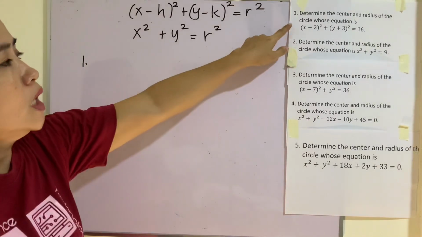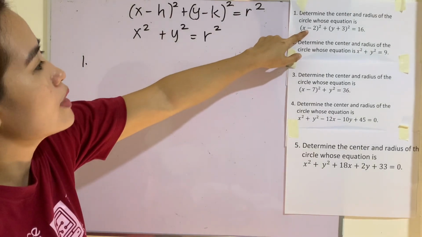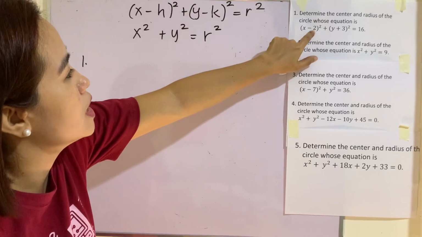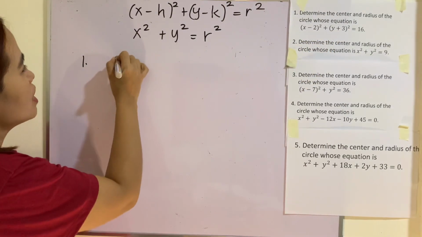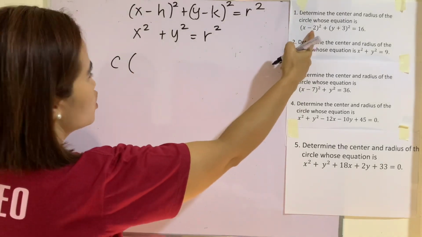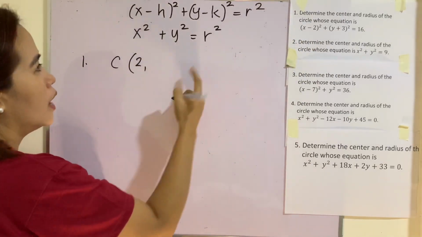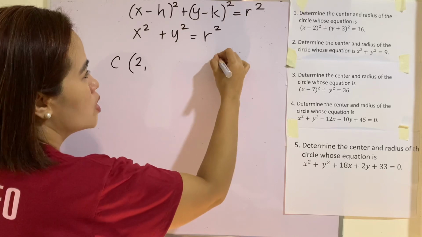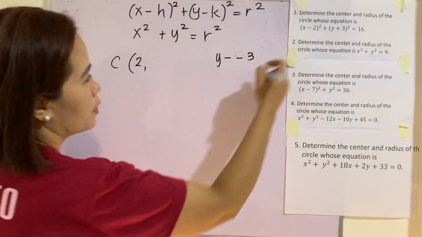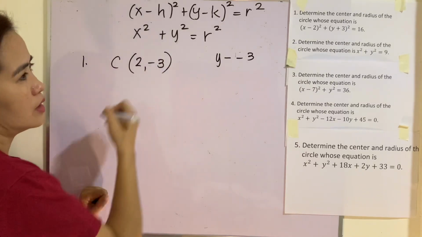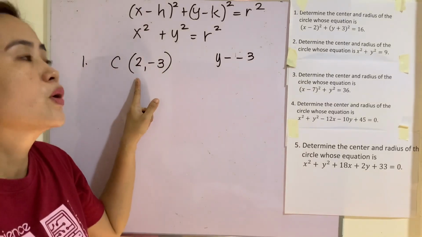In number 1, this is the h and this is the k. So our h is 2 and our k is, of course, y minus negative 3. That one is y plus 3, so it's negative 3. This is the center of your circle.